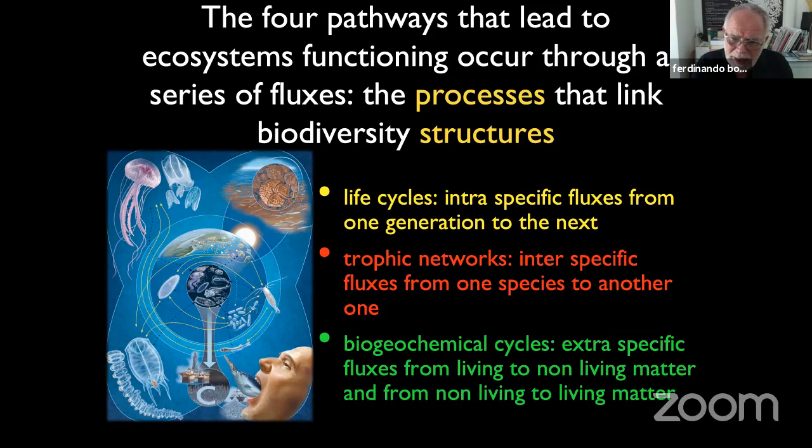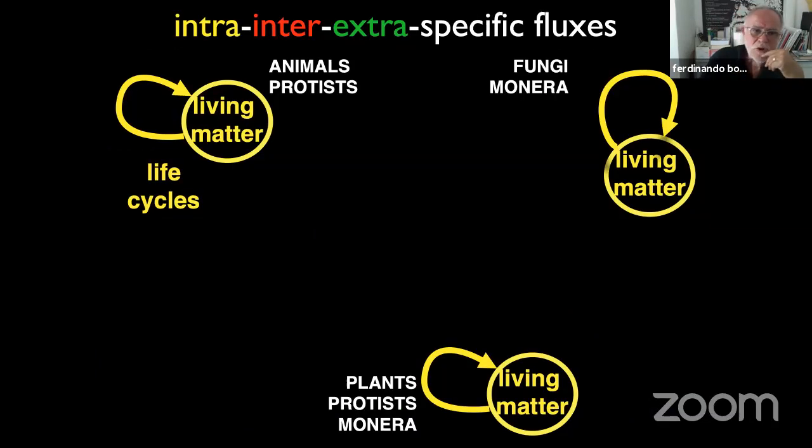Then there are trophic networks, interspecific fluxes, so from one species to another species, and these are the food webs. And then there are the biogeochemical cycles, the extra-specific fluxes that go from living to non-living matter and back from non-living to living matter. So here they are, intra-, inter-, and extra-specific fluxes.